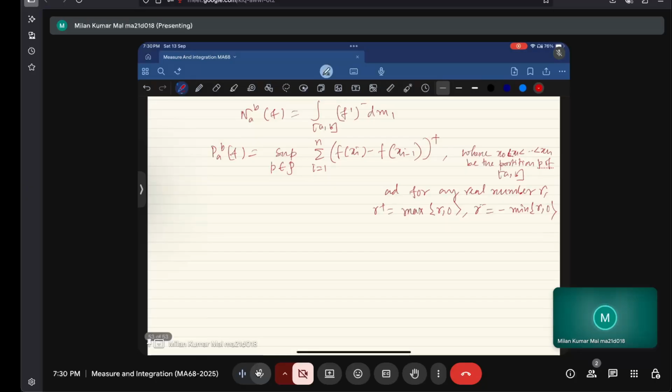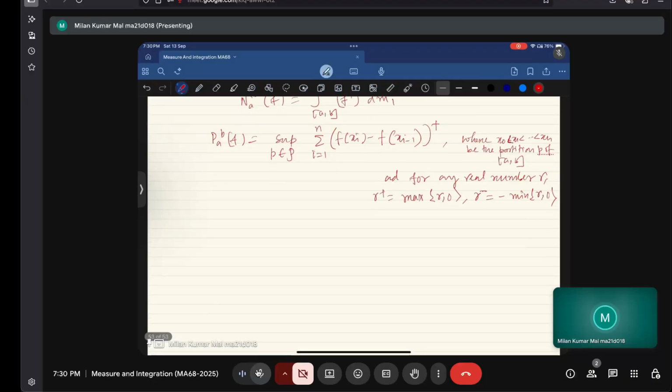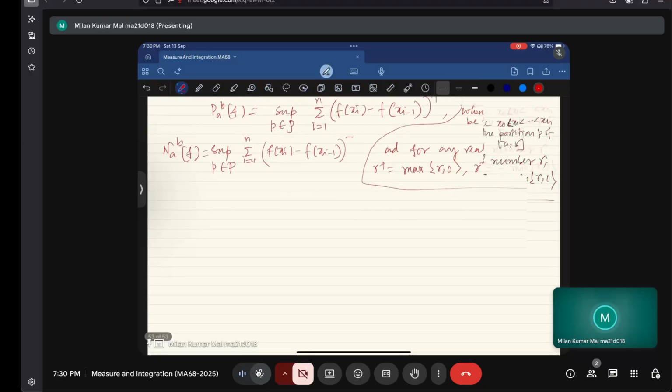This is plus and minus, and N a to b is the supremum over all partitions P of the interval a to b of the sum over i equals 1 to n of f of x i minus. So now we'll be doing this.